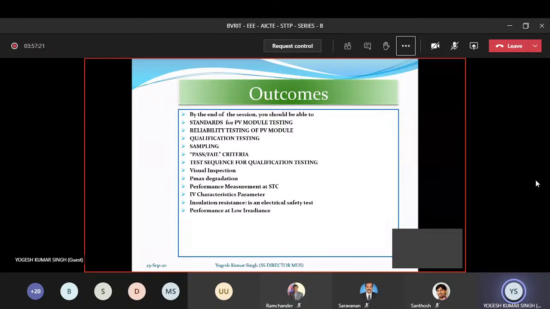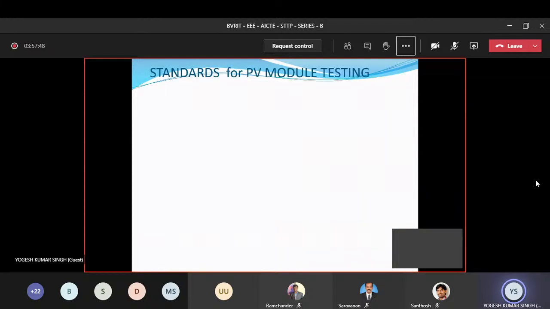Then we will discuss the effect of low irradiance performance on the module. Then we will discuss the bypass diode and thermal test. And then we will discuss the hot spot endurance test. What is a hot spot and how can you test this in the module? Then we will discuss the UV preconditioning test, and finally the thermal cycling and humidity freeze tests. So these are all the topics we will cover in the session.